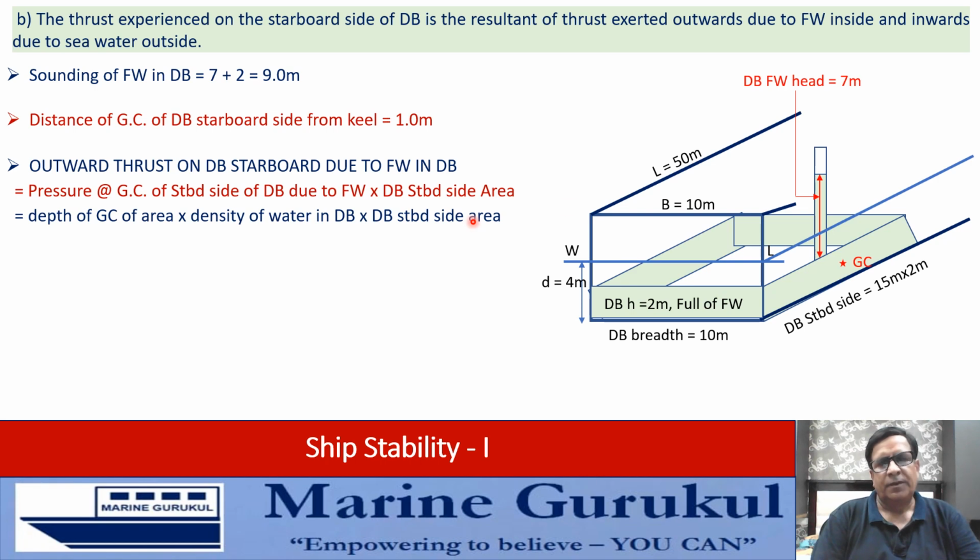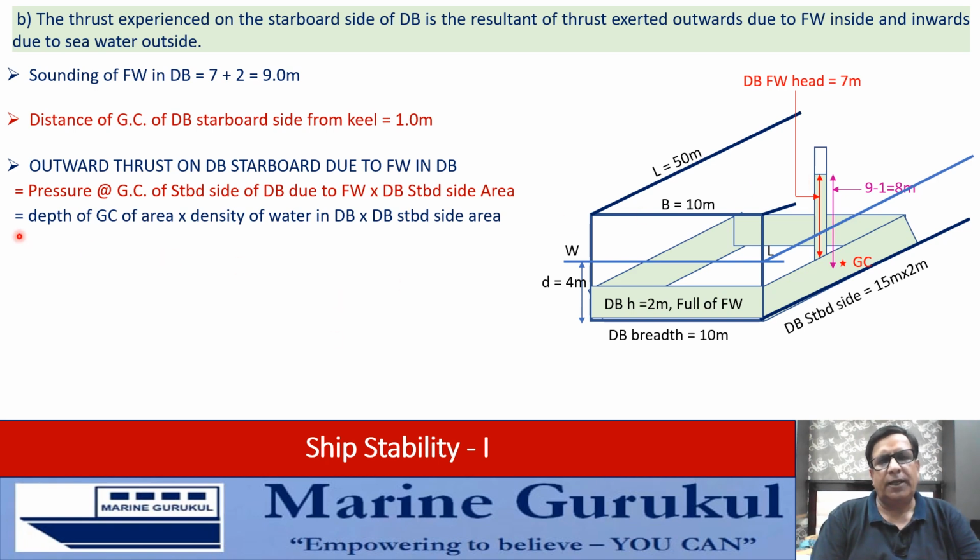starboard side. Now the depth of the sounding of the fresh water is 9 meters as already explained. The height of the GC above the keel is 1 meter. Therefore, the depth of the GC from the surface of the fresh water in the sounding pipe becomes 8 meters. It's 9 minus 1.